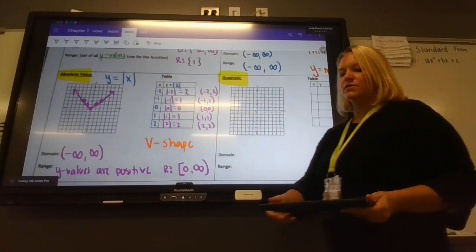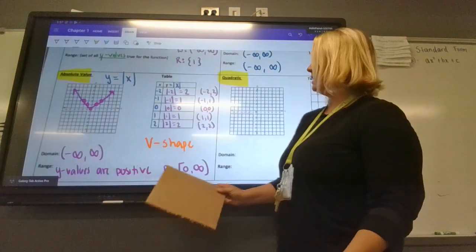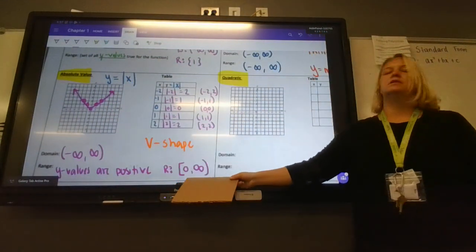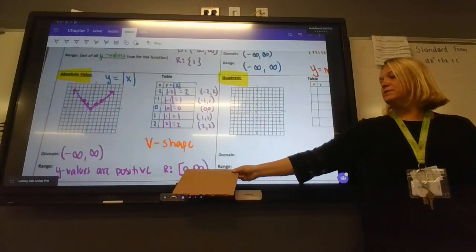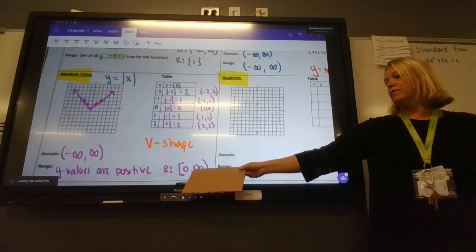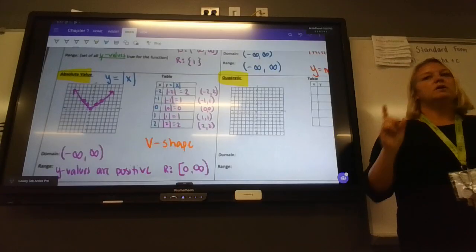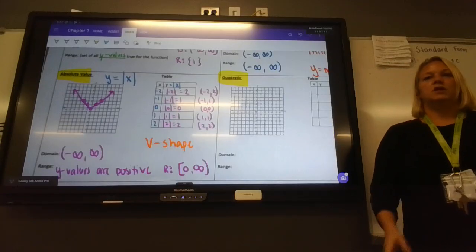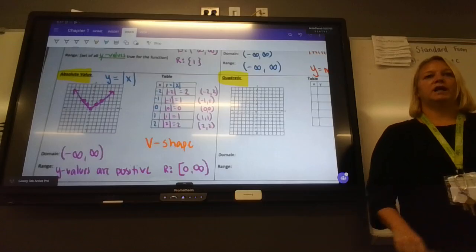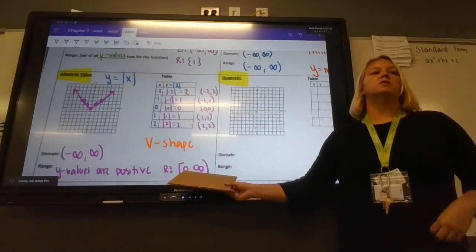This is called interval notation, and it has a bracket on purpose. This means it's starting at 0, and it runs up to infinity because the arrows only point up. We don't have a down arrow this time. So our y values are not from negative to positive. 0 is the lowest.